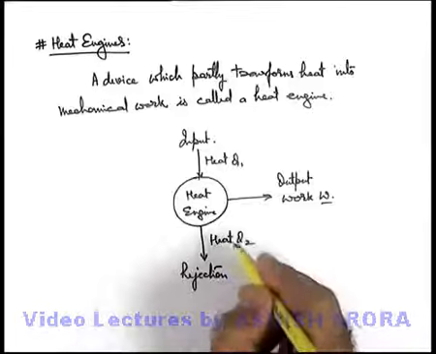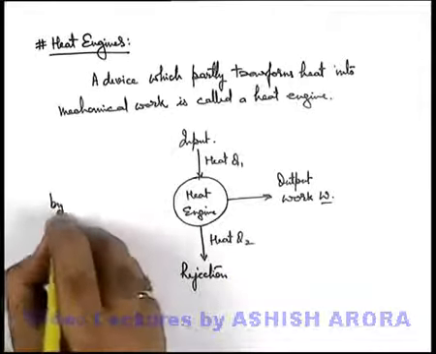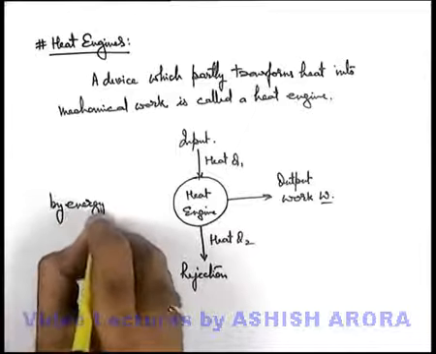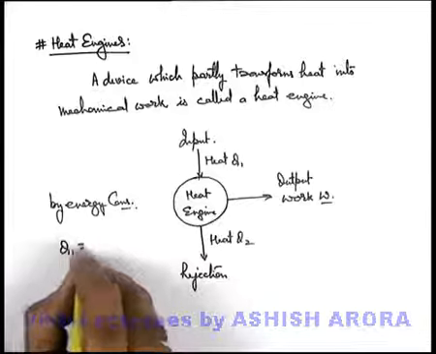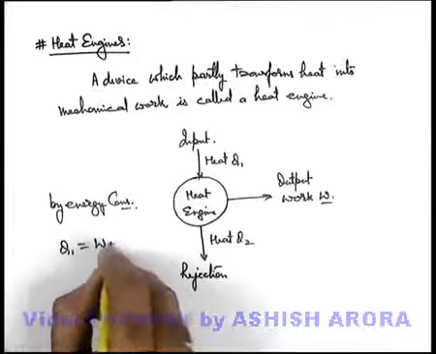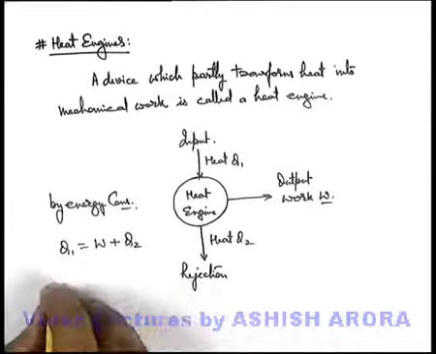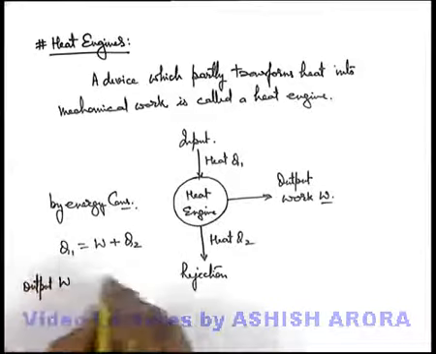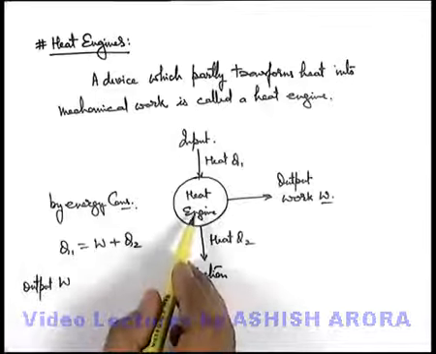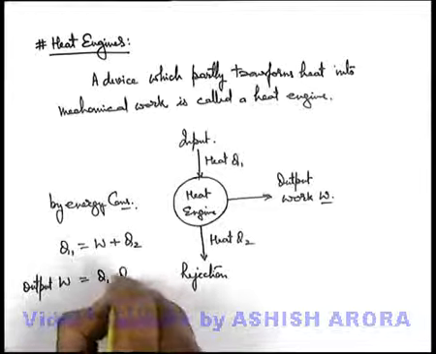So in this situation here we can state by energy conservation, here Q1 is the supplied heat and a part of it is transformed into work and the remaining amount of heat is rejected as Q2. So the output work which is done by the heat engine in its cycle can be written as Q1 minus Q2.